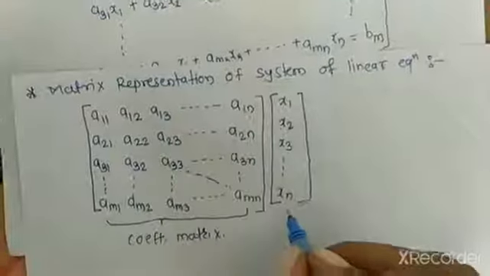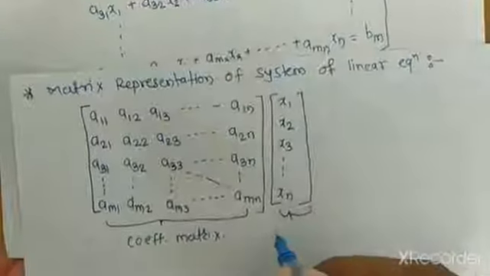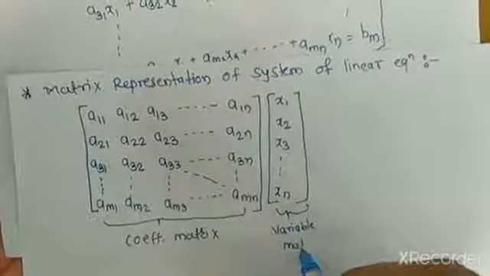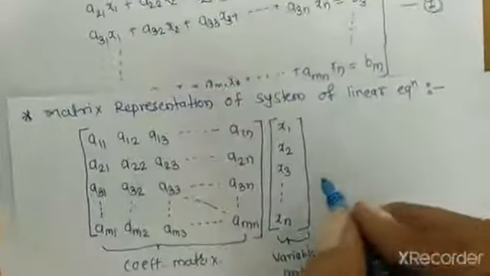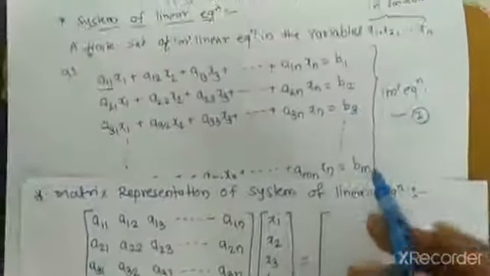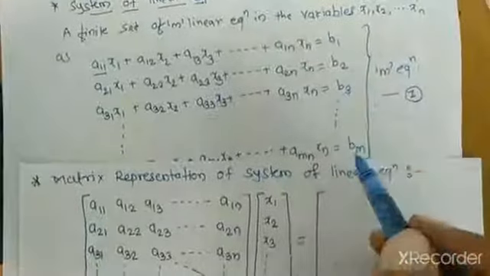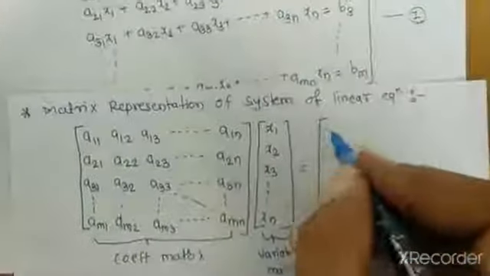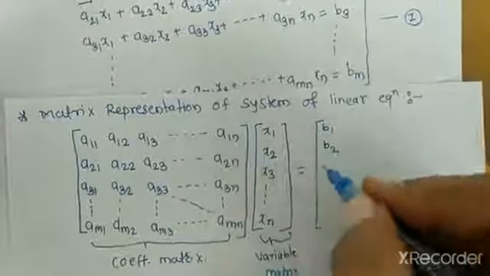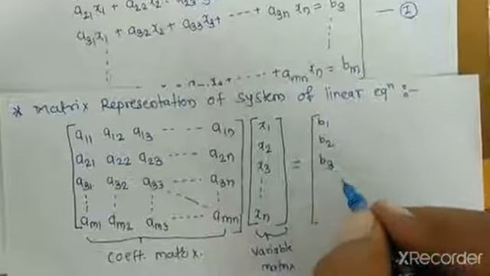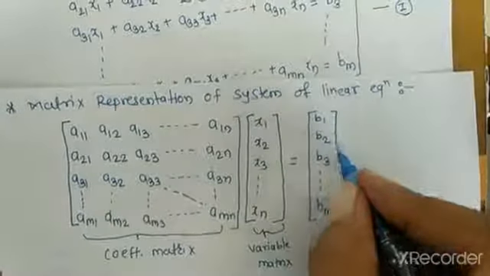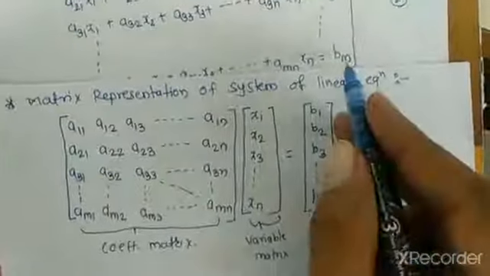Now this is our variable matrix, and it is equal to the right side of the system, which is b1, b2, b3 up to bm. The constant values are on the right side, so we write them in a column matrix b1, b2, b3 up to bm, because there are m equations, so the last is bm.